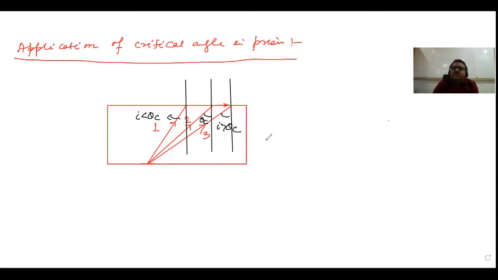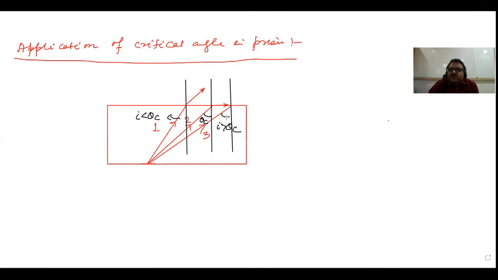As a result of which, what will happen? This ray of light will be refracted in the rare medium. This ray of light will be refracted in the rare medium, and this grazes the surface, so it is the critical angle.